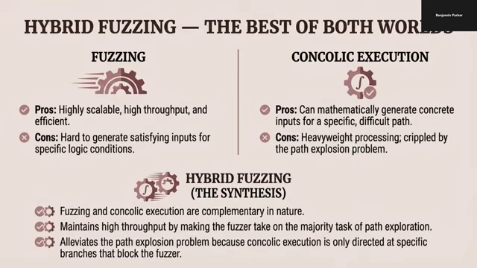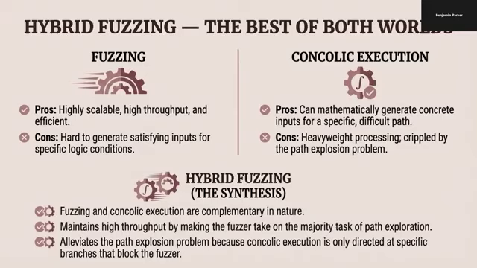It takes the incredibly scalable, efficient fuzzing and then the very logical, heavyweight concolic execution, leveraging their unique strengths while mitigating the weaknesses. In a proper hybrid scheme, the architecture relies on the idea that the fuzzer undertakes a vast majority of the path exploration throughout the program, since due to its high throughput, it can do this much better than concolic execution would.